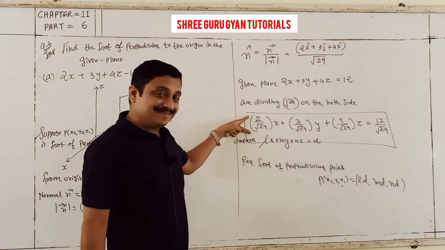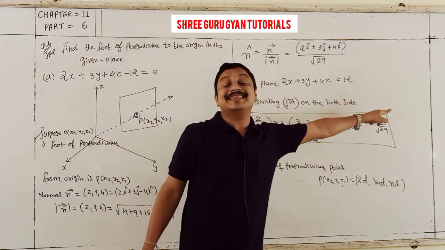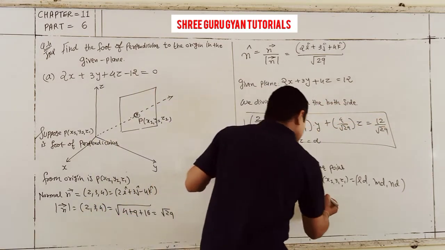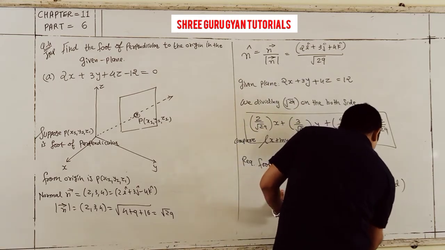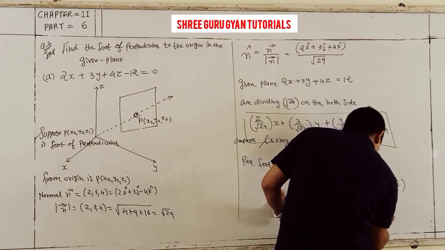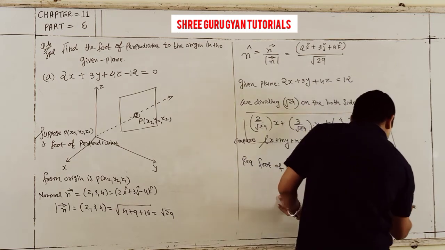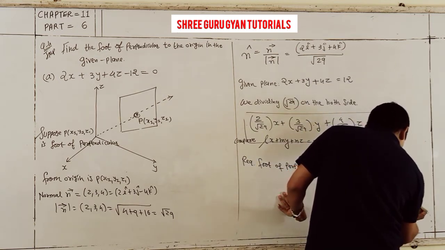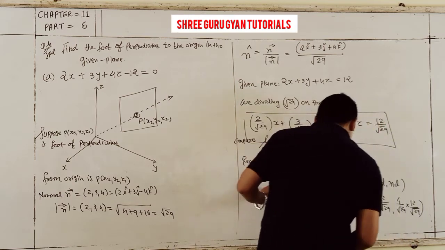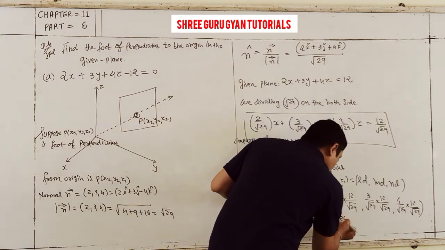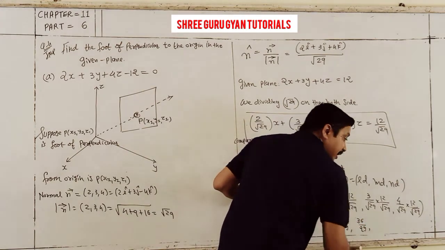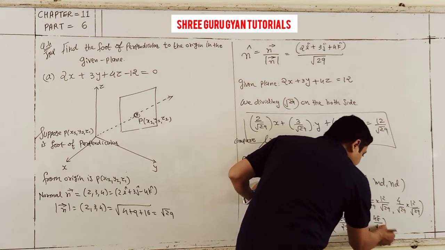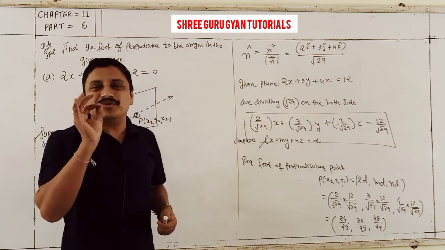That is your L, M, N, and that is the D. So my answer is, students, 2 by root 29 into 12 by root 29 comma 3 by root 29 into 12 by root 29, and last 4 by root 29 into 12 by root 29, and my answer is ready: 24 by 29, next 36 by 29, and next 48 by 29. And in a simple way, your first question is done.